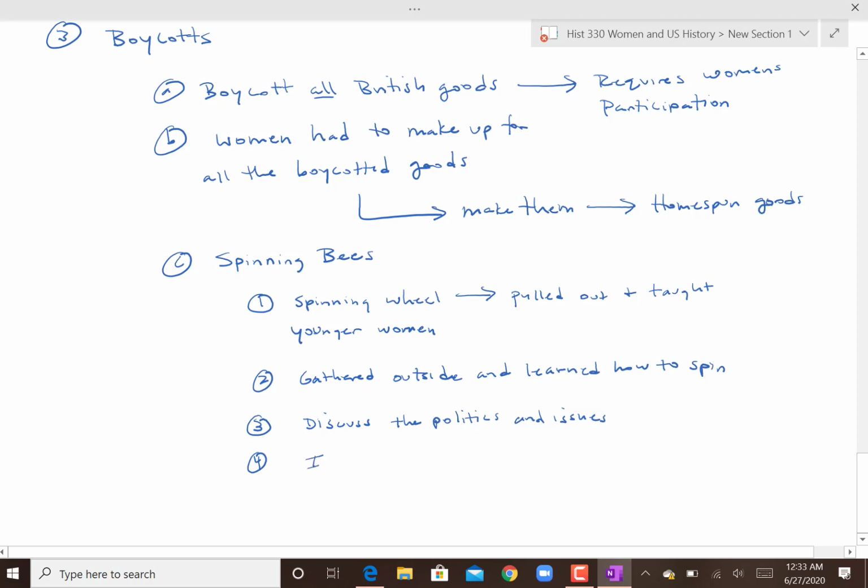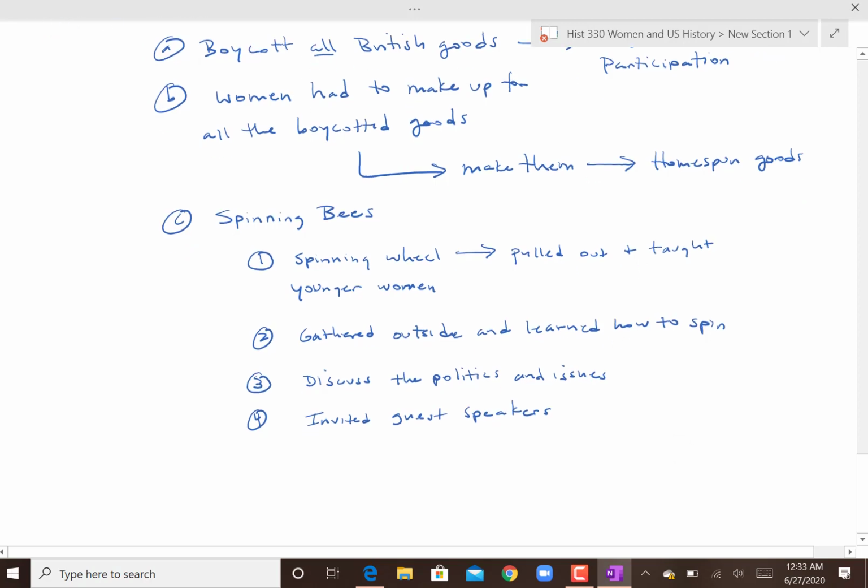They actually invited guest speakers to come talk about the political aspects, and then ultimately made their own food and goods, which they had largely purchased up to this point.